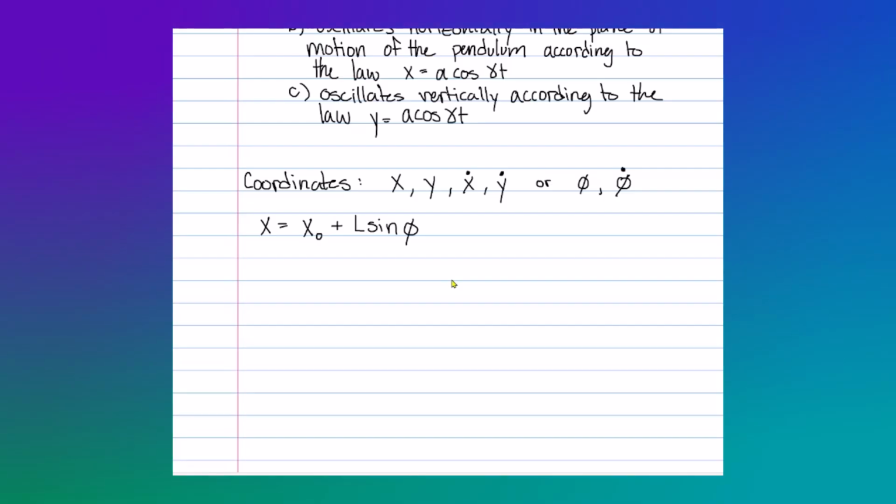These coordinates will be applicable to each of the cases above, and we'll only need to plug in the specific motion of the support for each of those individual cases.